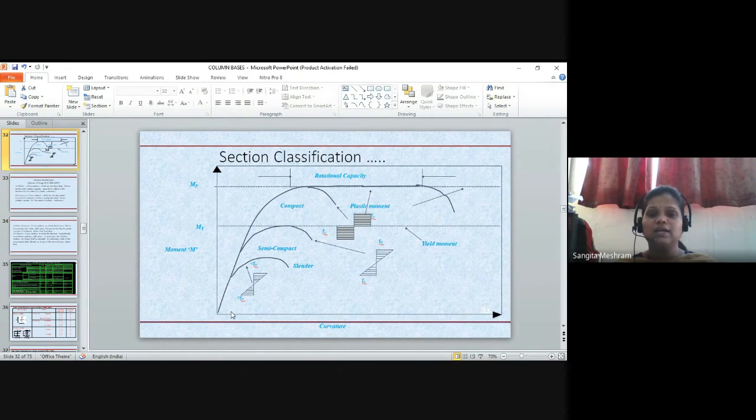Okay, you already studied the stress strain curve, in which the stress and strain are proportional to each other up to the yield point, and after that there is an increase in strain with the constant stress.